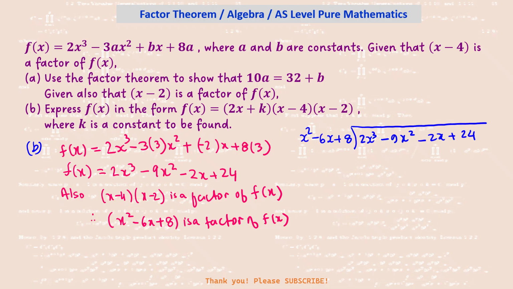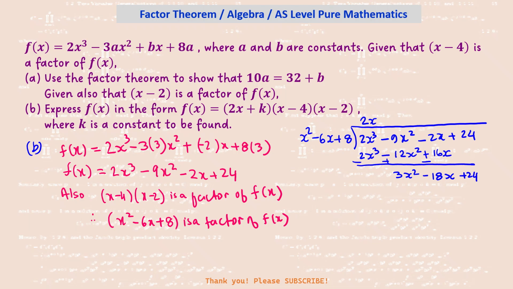So I would do an algebraic division: 2x cubed minus 9x squared minus 2x plus 24, divided by x squared minus 6x plus 8. If you look at the first term, 2x cubed, to get 2x cubed I would multiply 2x with x squared. Then I get 2x cubed minus 12x squared plus 16x.